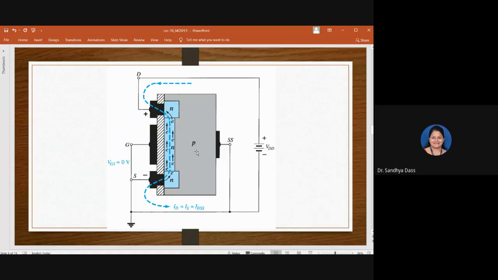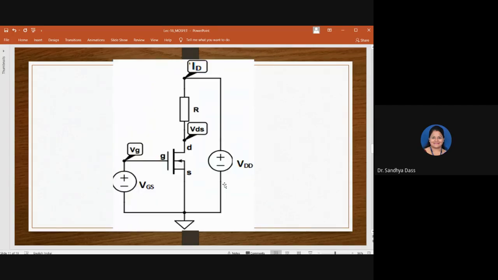When VGS is made more negative with the pinch off condition, there should be a saturated or constant drain current flowing from drain to source.